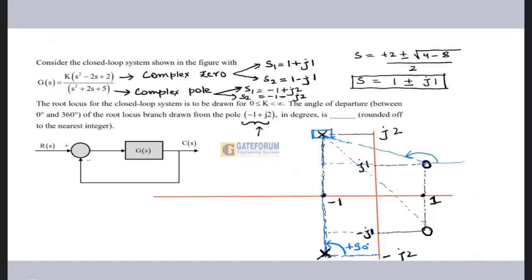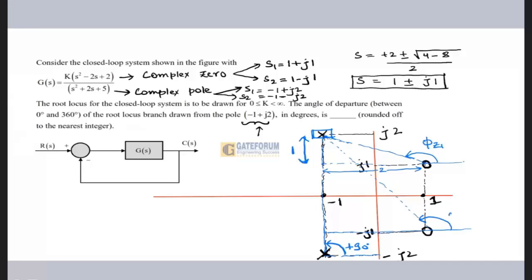That is, this particular part is 1. Yes or no? Because this particular part was j1 and this is j2. So the magnitude will be 1 and this magnitude will be 2. The distance between -1 and +1 is 2 only. So this part is 2. Say this is phi z1. And this particular part, here also I'll take the anti-clockwise angle.